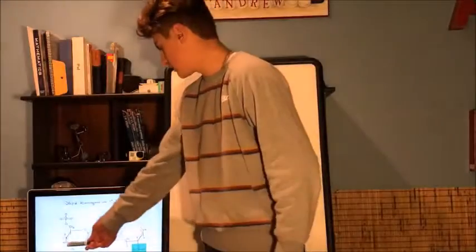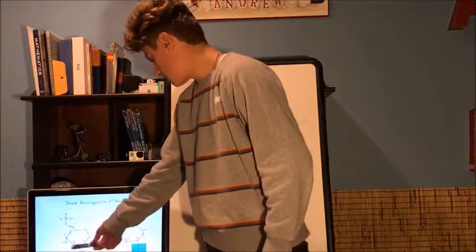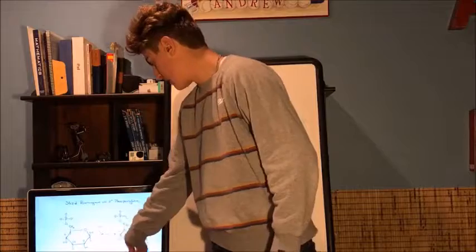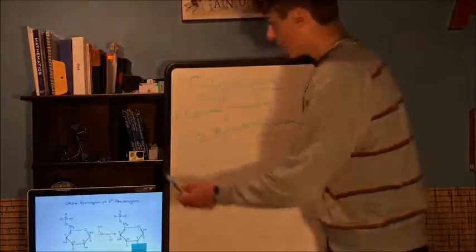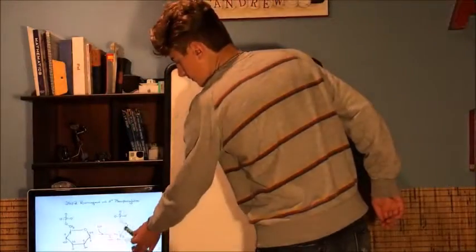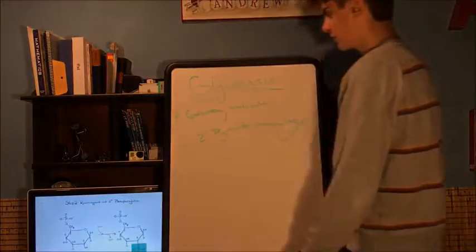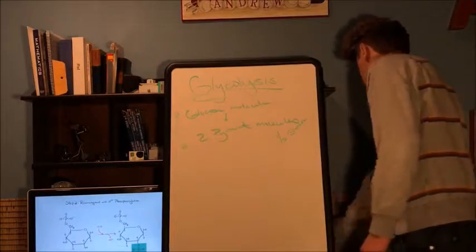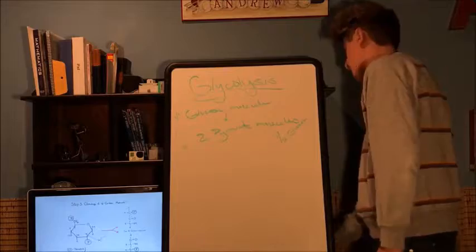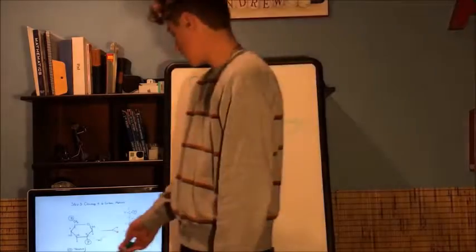And then you do this step again to have the 2 phosphates on here, that when it splits, you're left with the 2 pyruvate molecules, as you can see here.